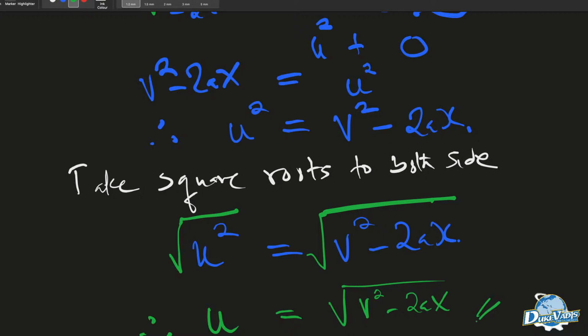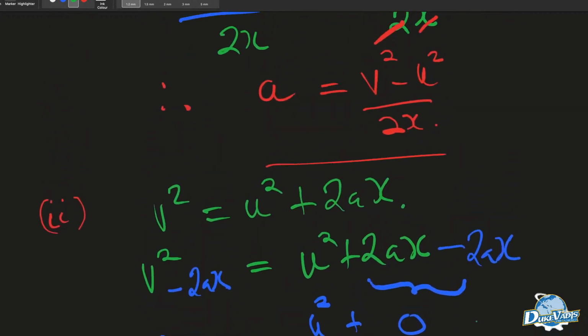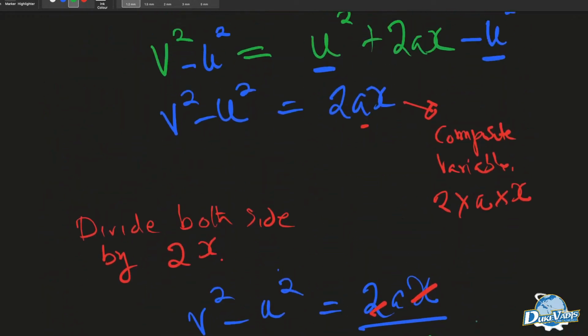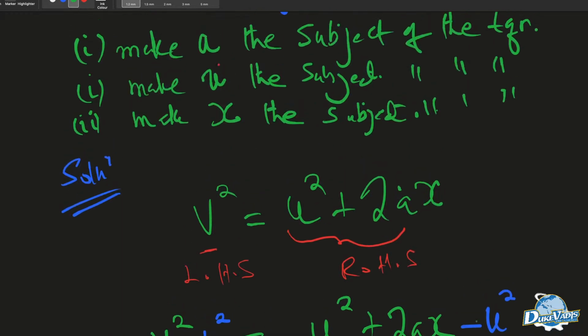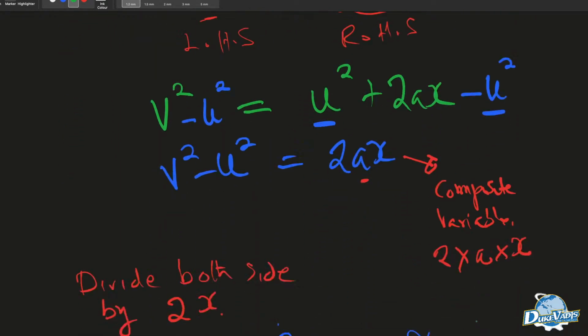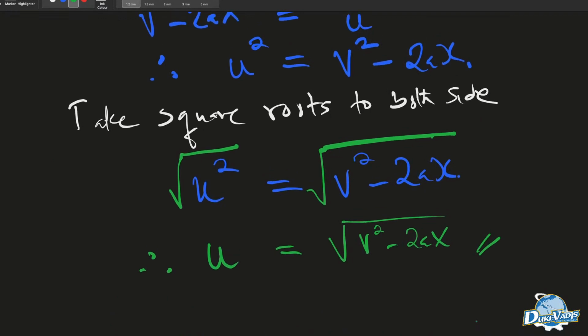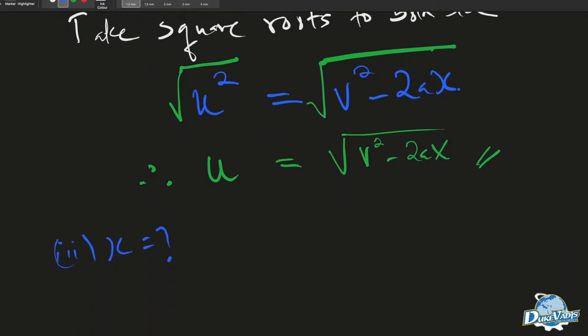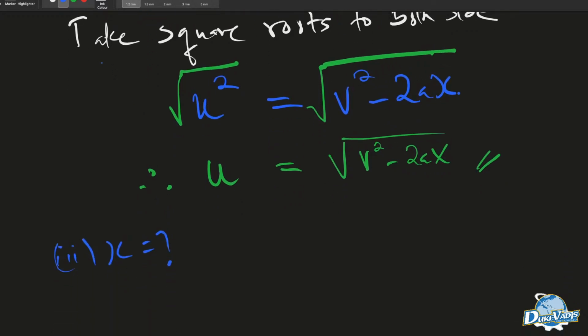Alright, let's go and look at the last part. The last part says, make x the subject of the equation. So let's see. Make x the subject. So our equation, once again, is given as v squared equals u squared plus 2ax.